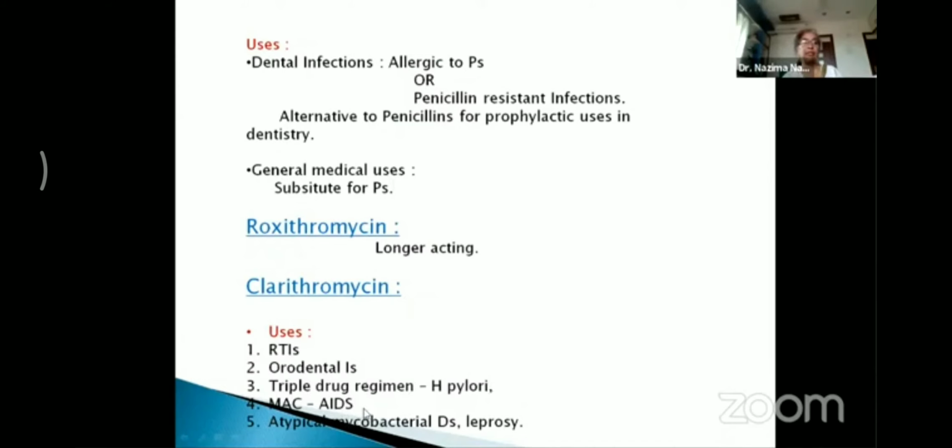In AIDS patients due to Mycobacterium avium complex, this is the drug of choice. It is one of the drugs in the combination therapy. Again, it is useful in atypical mycobacterial diseases as well as in leprosy. It is the second line drug, after erythromycin.